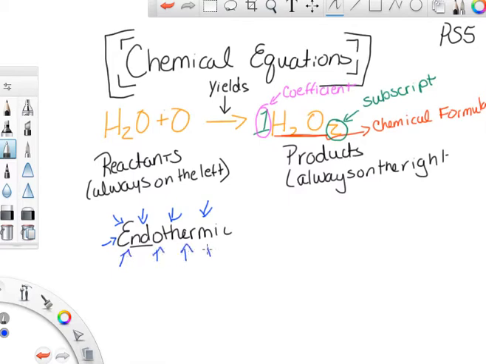So endothermic, the energy is going into the object, it feels cold to the touch, and it absorbs energy.